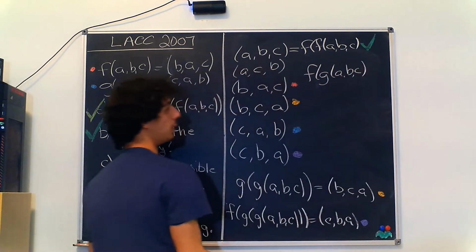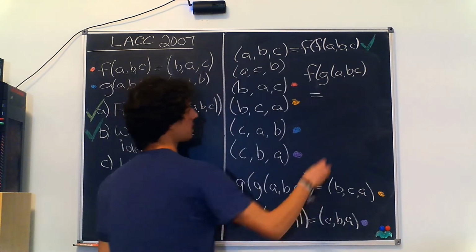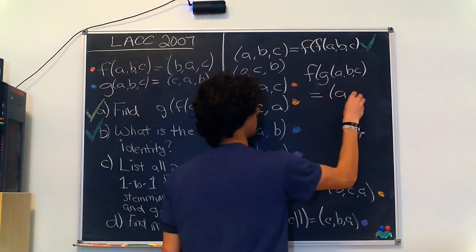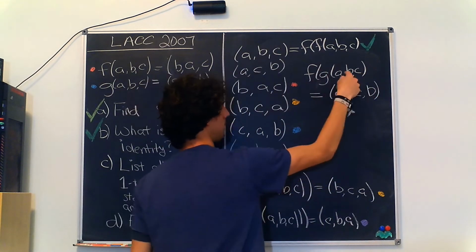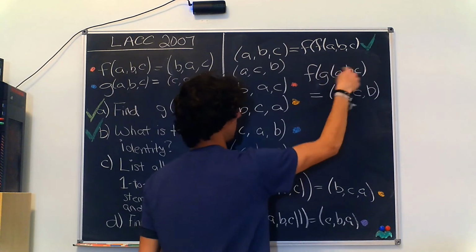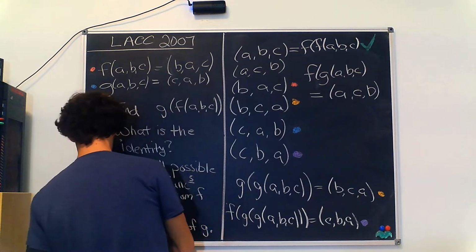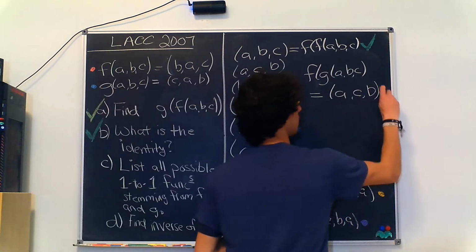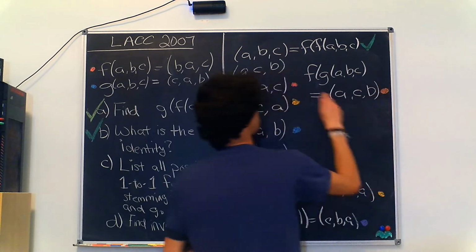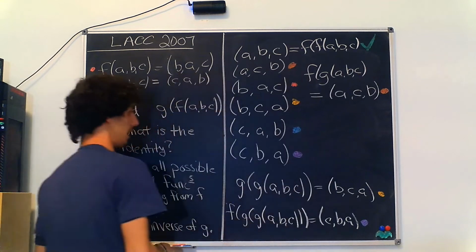But now if we rotate it once and then flip the first 2 letters, that gives us A, C, B. Because C would go to the front, B would go to the back, and A would come to the middle, but then the A and the C would flip. And I'll mark this in this dark brown color here. And this map gives us this triple right there.